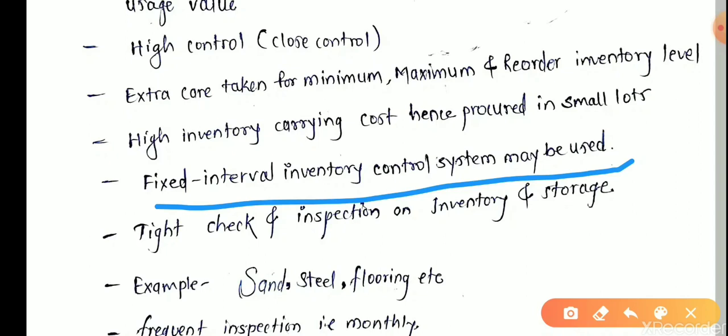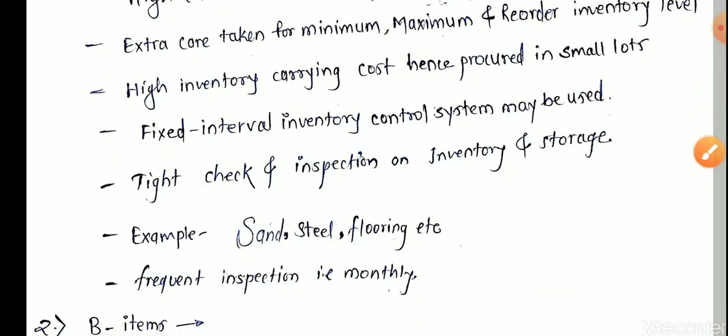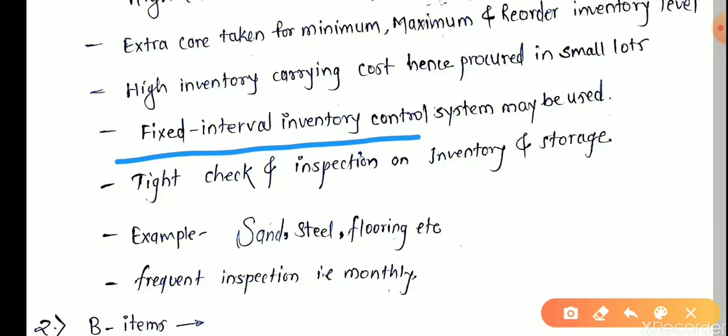After 3 years you send me this amount of items in this lot size. It is periodic, to avoid the crisis, or to avoid the lead time, or to avoid the shortage of material on our side, because this material is very important compared to B and C type material according to its usage value.